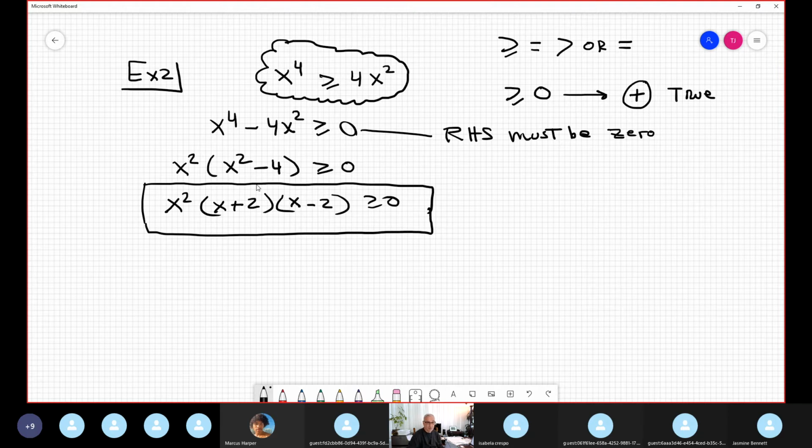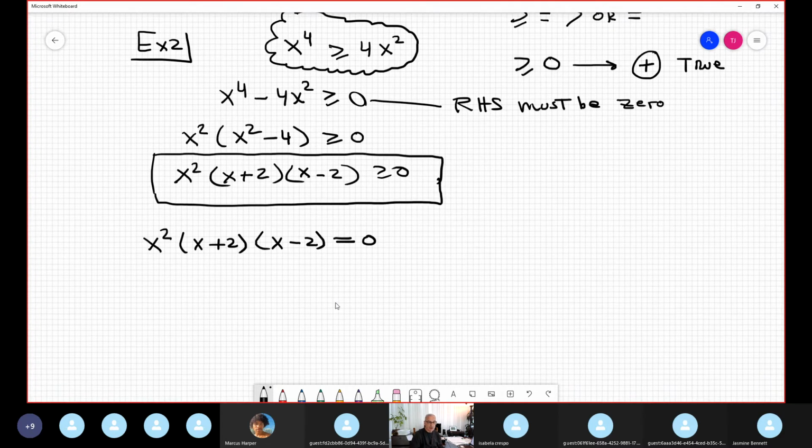Okay, what is the next step? The next step is to convert this inequality to an equation, because I need to find the critical values. It's a polynomial of degree 4. Actually, at the beginning it is degree 4, and we expect 4 solutions. The first solution is x equals 0, multiplicity 2. But I don't care about the multiplicity.